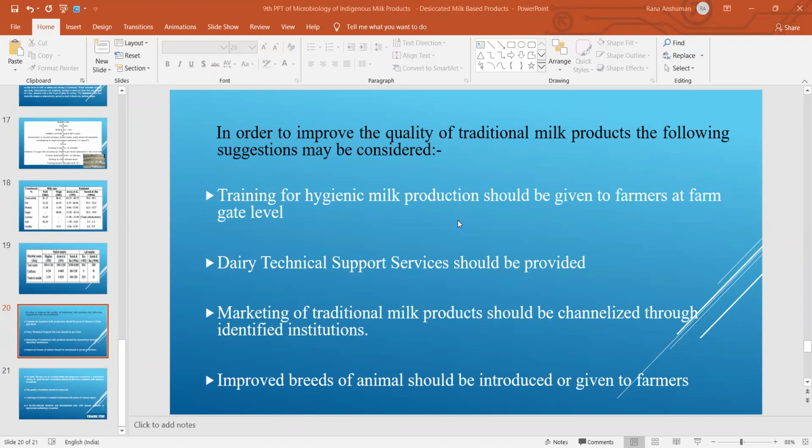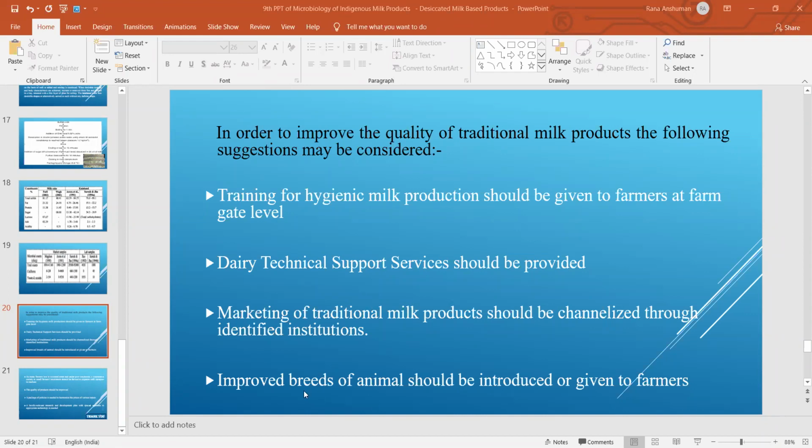Dairy technical support services should be provided to all the manufacturers, to all the producers. Marketing of traditional milk products should be channelized through identified institutions. In recent years, people have observed that there is a big market for all these products, and a number of cooperative societies or federations have started manufacturing different kinds of indigenous milk products. So there are very good chances to improve the total market level, especially for these products.